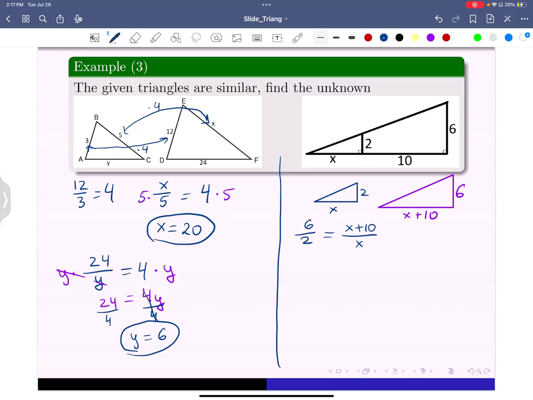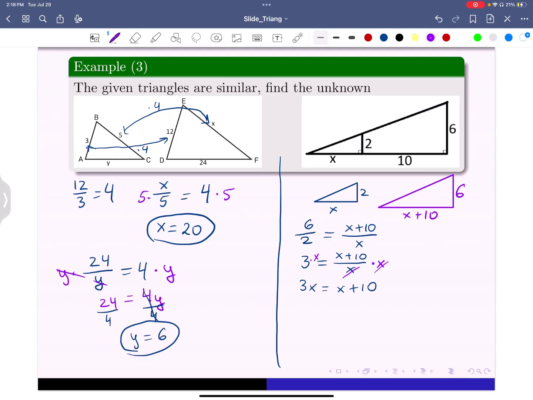So 6 divided by 2 is 3, is equal to x plus 10 over x. To solve it, we multiply times x, then this x is cancelled out, and on this side I have 3x is equal to x plus 10.